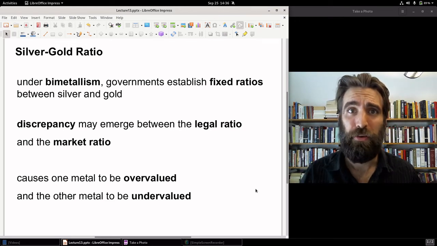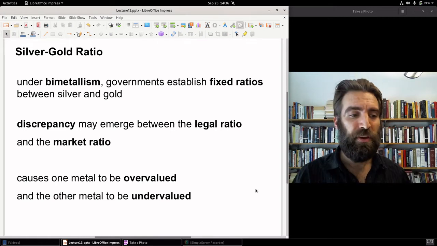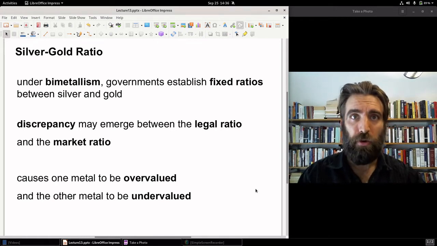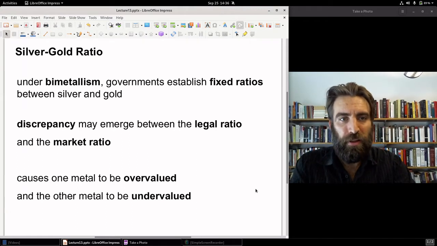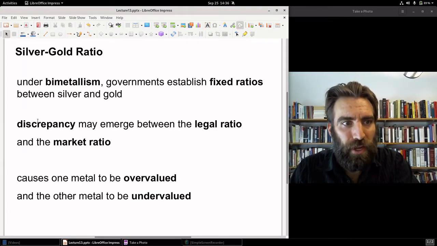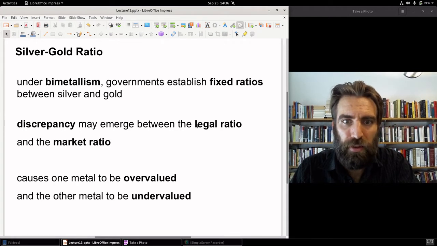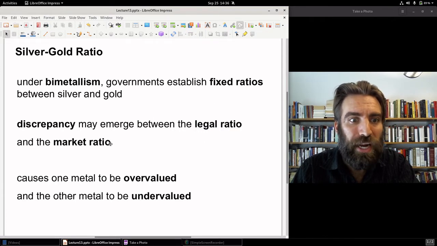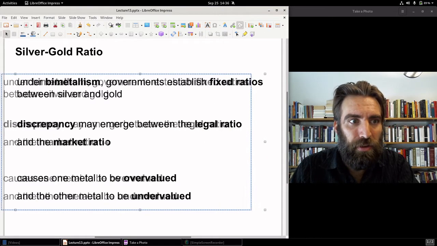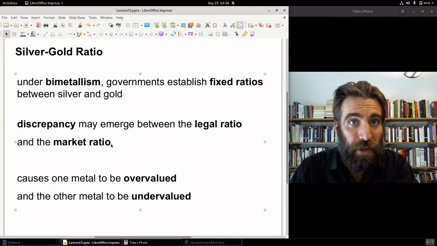In a way, you have to do this. If you have bimetallism, you have to have some sort of legal ratio between silver and gold. The problem occurs when a discrepancy emerges between the legal ratio recognized in law between silver and gold and the market ratio. The two are not always the same thing.